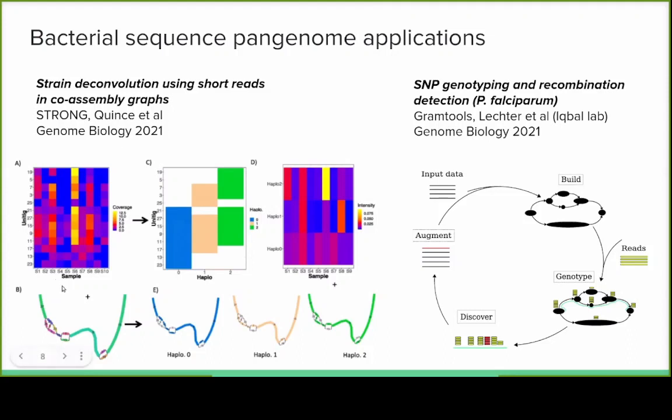So then the graph can be visualized like here, it was the one graph, and then you could construct a matrix with abundance of each unitig in each sample, and then from this matrix try to decompose it so that you can actually separate nodes of this pan-genome graph into its individual strains, so individual graphs. I won't go too much into details, but that's one potential application of pan-genome graphs applied to metagenome assembly.